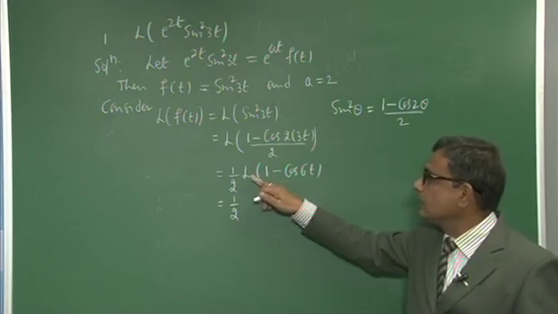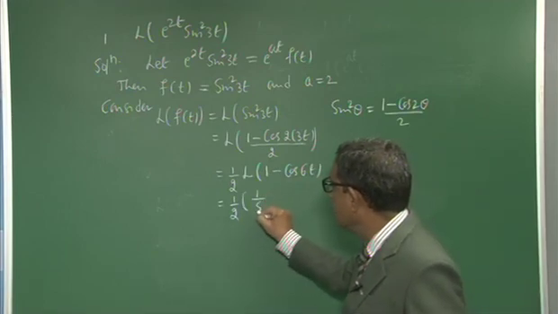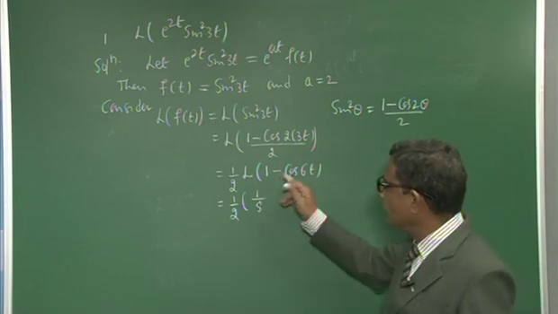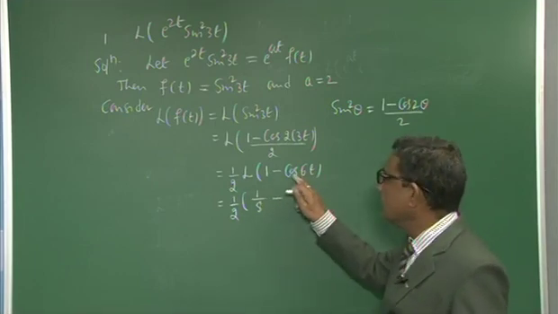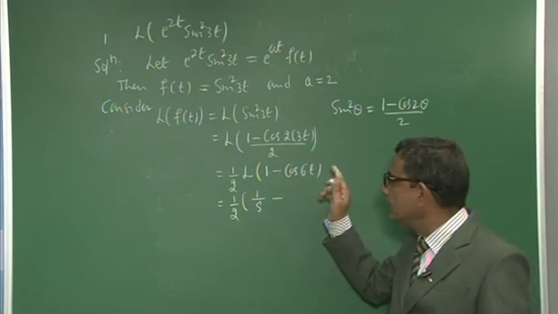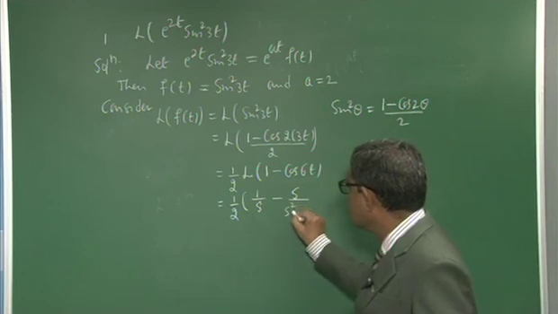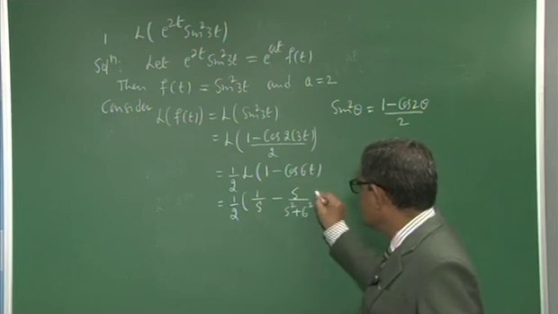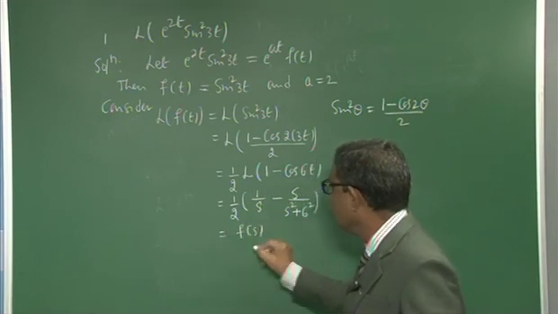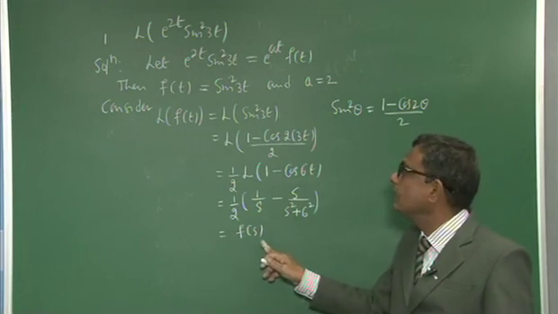First term, L of 1 is 1 by s, the basic standard formula, minus L of cos 6t. Here a is 6: s divided by s square plus 6 square. Now this is your f of s. L of f of t is equal to f of s.